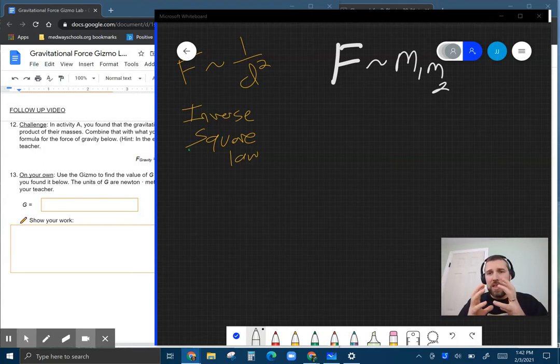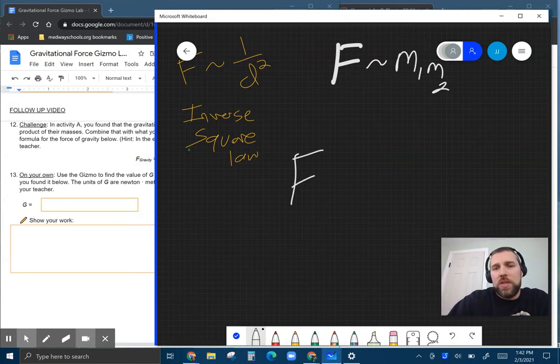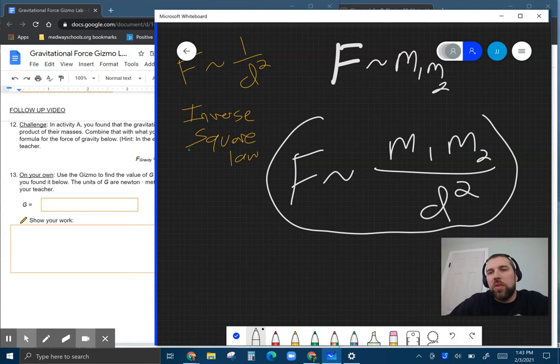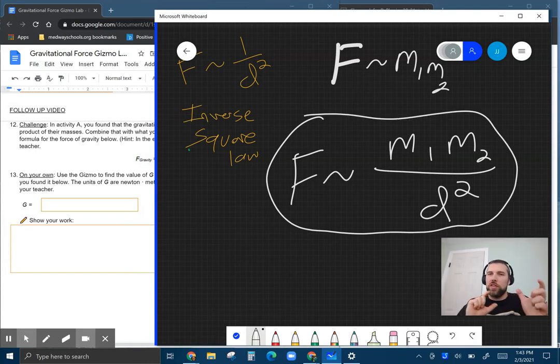Now we want to combine these relationships and say force is proportional to things that are directly proportional, like the masses, mass 1 and mass 2, and things that are inversely proportional, like the distance squared. So this summarizes the full relationship we just kind of uncovered in parts. Proportional to the masses, inversely proportional to the square of the distance.